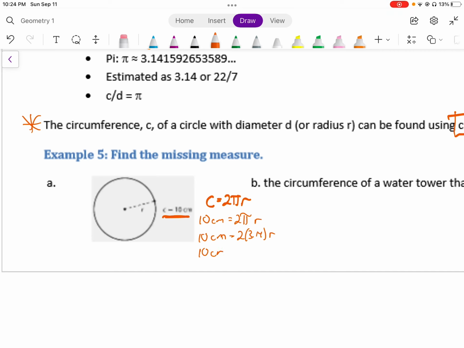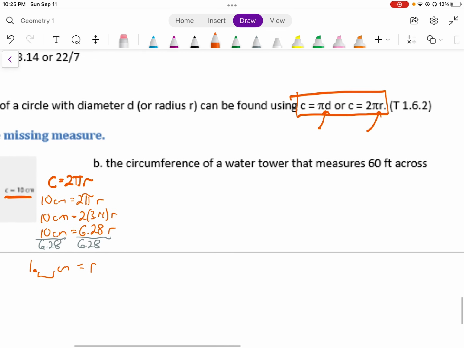Use a calculator, or just in your head you can multiply this out. This is 6.28. And divide both sides by 6.28. I don't have a calculator with me, so I'm going to let you guys do that. The radius is going to be 1 point something centimeters. So figure that out.